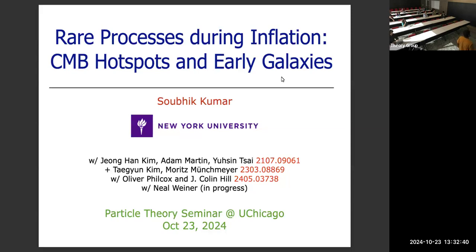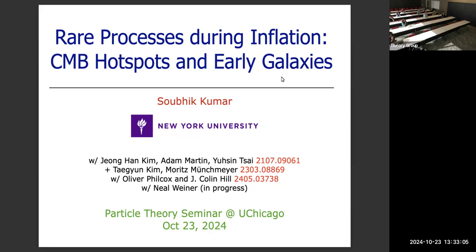Today I'll be talking about certain rare processes that could occur during inflation, and I'll talk about some of the cosmological implications. For example, I'll show that these processes could give rise to localized hotspots on the cosmic microwave background, and they can also modify the formation of galaxies.